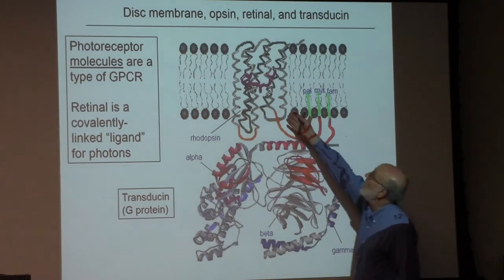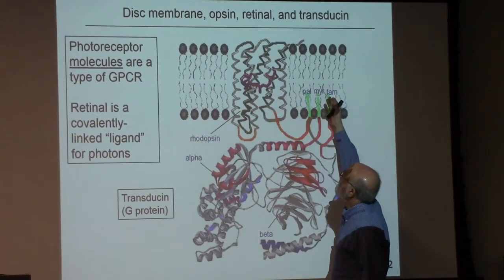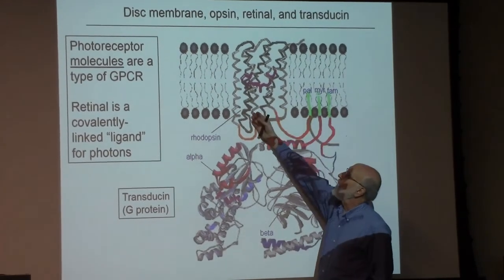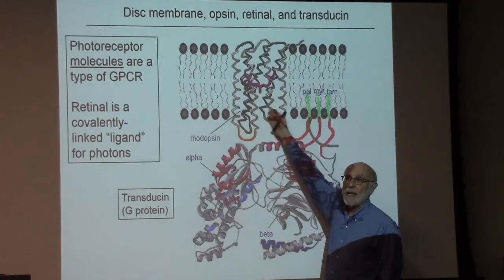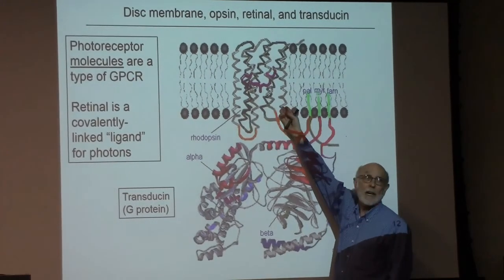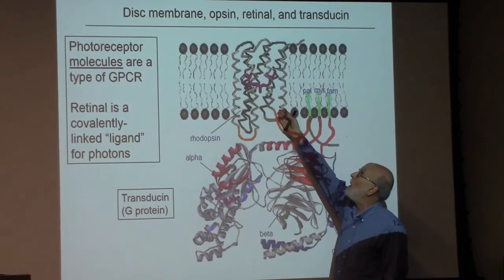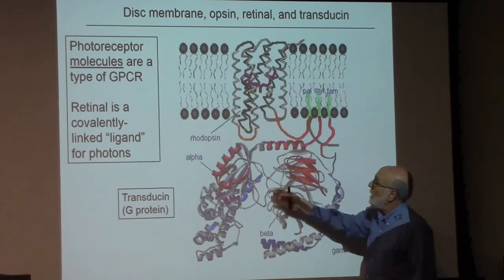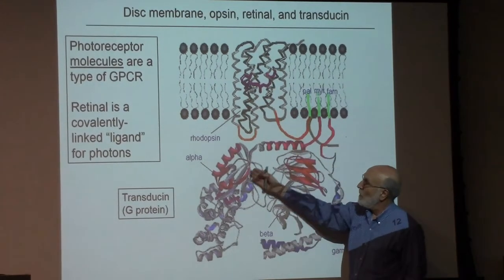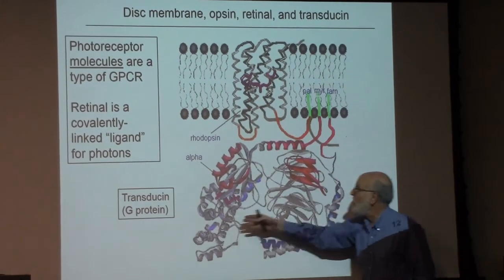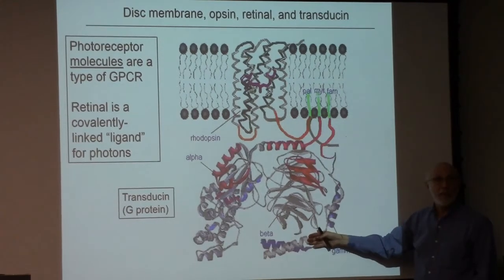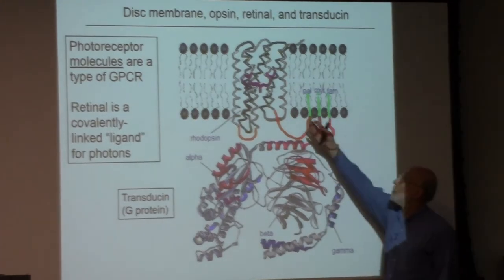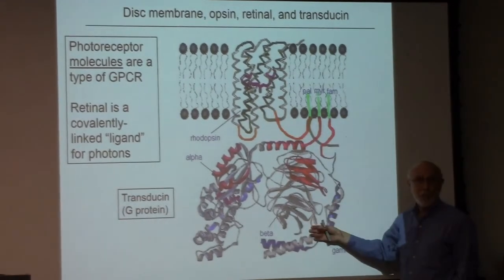So here's the GPCR in the membrane. Seven transmembrane helices in this stick model of the GPCR. Here is a ribbon diagram of the alpha and the beta-gamma subunits of the G protein. So here's the receptor, here's the G protein.